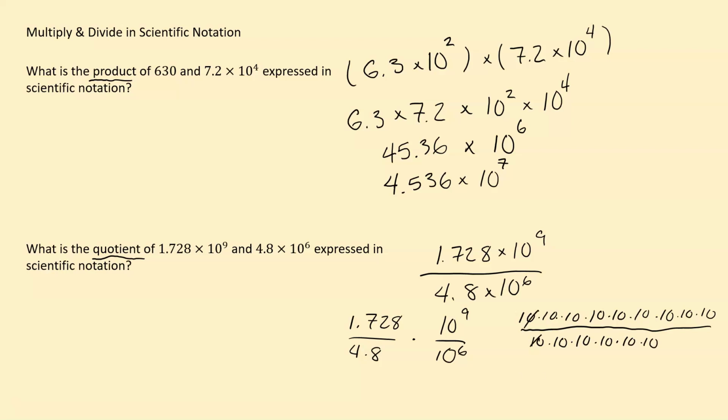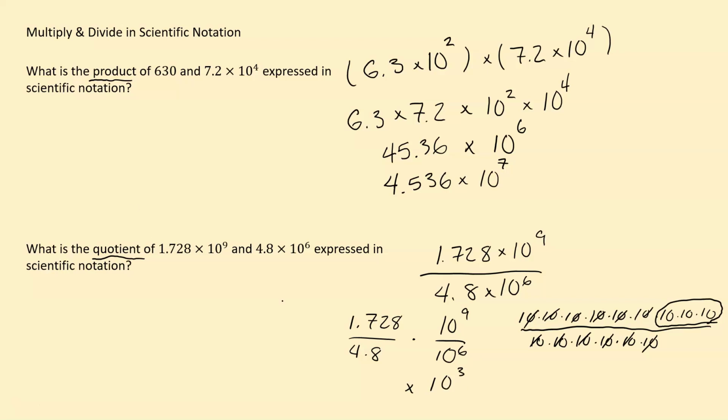So a lot of these 10s will cancel, right? And we're just left with 3 10s. And if you remember your exponent rules, then you already knew that you can just subtract these. 9 minus 6 is 3. So we know we're going to have times 10 to the third power.